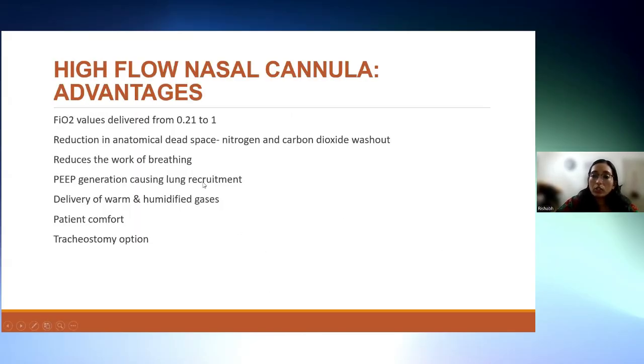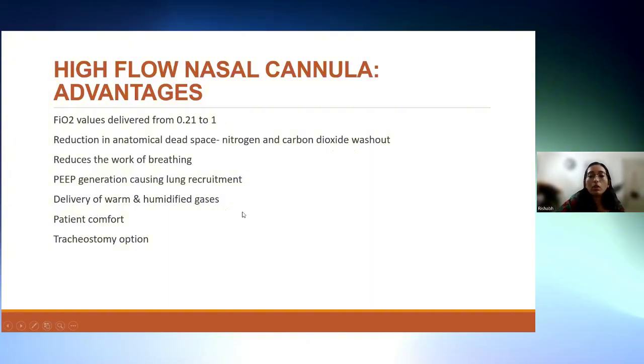The advantages: the FiO2 delivered can range from 0.21 and can reach up to 100%. There is reduction in anatomical dead space, and nitrogen and carbon dioxide washout. It reduces the work of breathing. The PEEP generation helps in lung recruitment. There's delivery of warm and humidified gases. Patient comfort is much better with HFNC if you compare it with NIV.